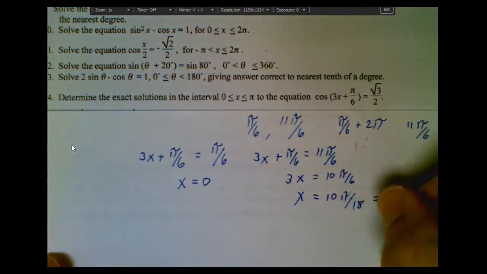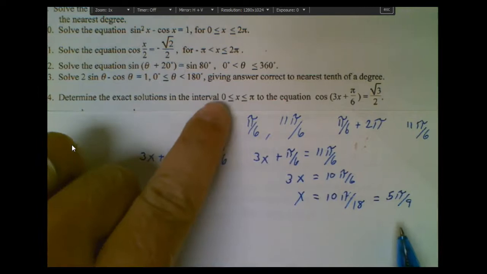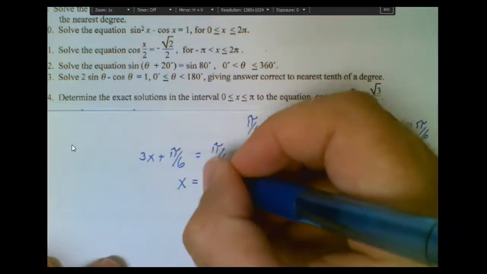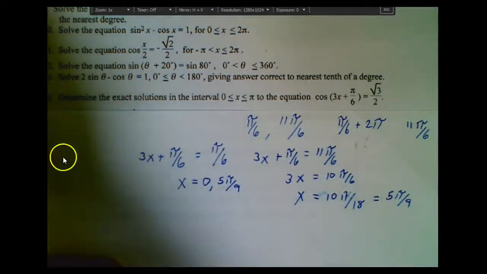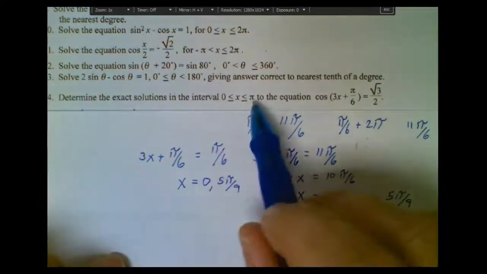If I reduce that, 5 pi over 9. And if I look, that is between 0 and pi, so it's an answer I can keep. As long as I keep getting answers within this domain, I've got to keep going.